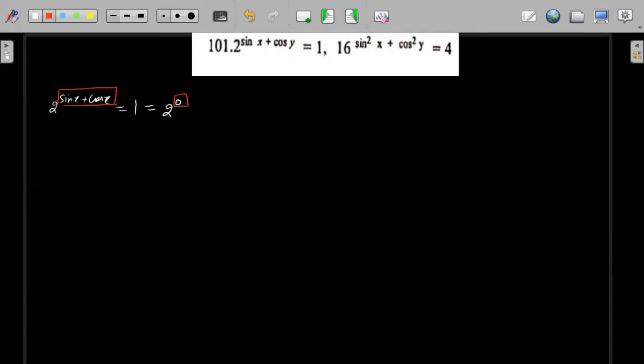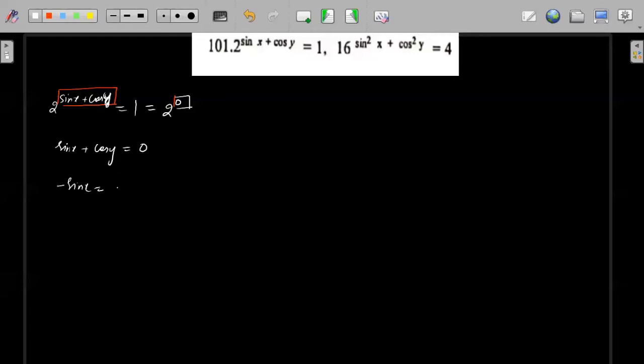Sorry, it is sin x plus cos y. I'm sorry. 2 to the power sin x plus cos y is equal to 1. So that means this is equal to 0, right? So sin x plus cos y is equal to 0.